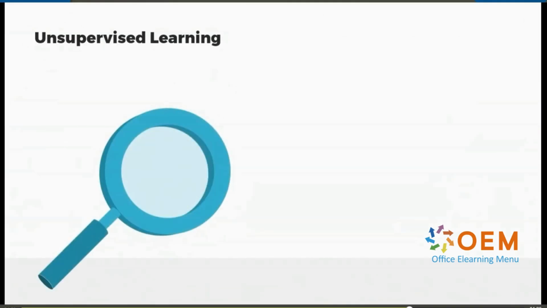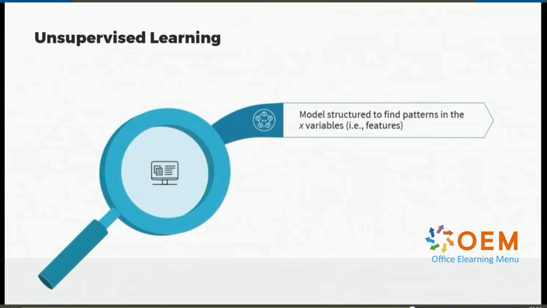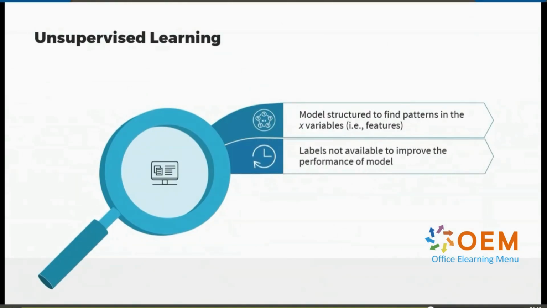Now that we've understood supervised learning, let's turn our attention to the other category, unsupervised learning techniques. These are typically used when we do not have labeled data. The model itself is structured in such a way that it's able to find patterns in the X variables, that is, the features that are present in the data. As you might imagine, the training process of such models tends to be different because there are no labels available to improve the performance of the model.